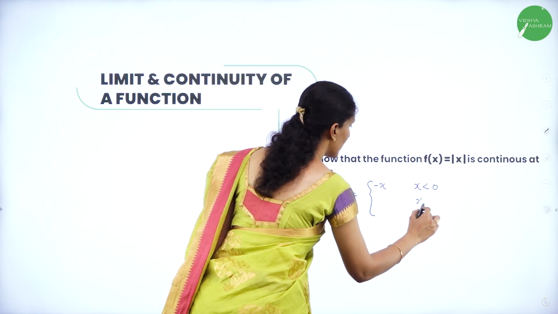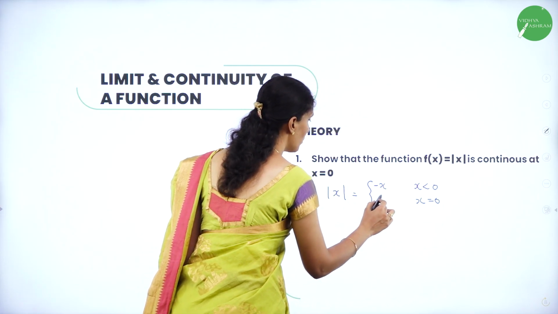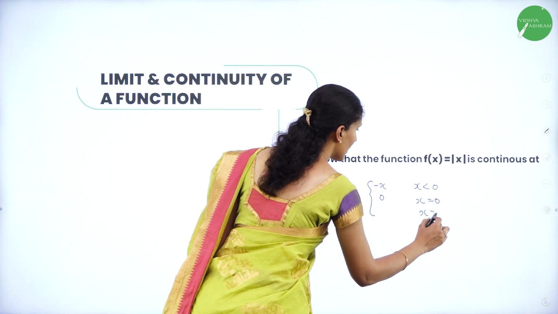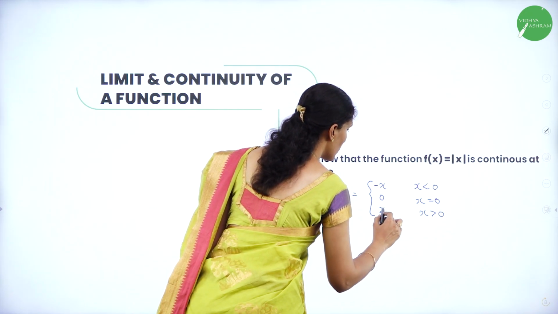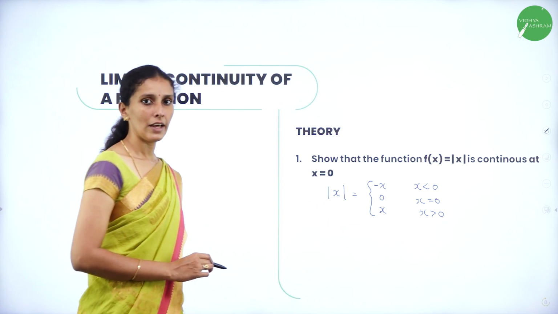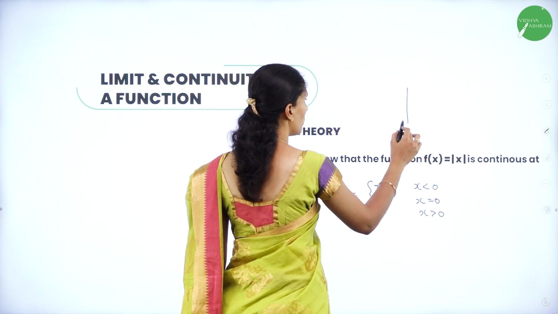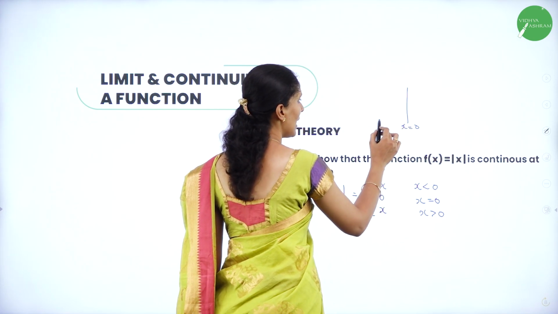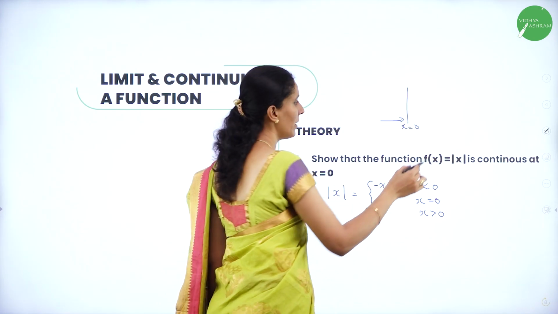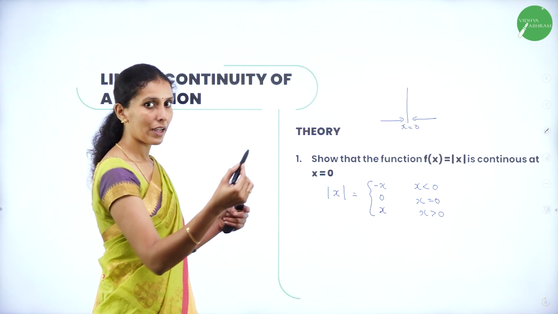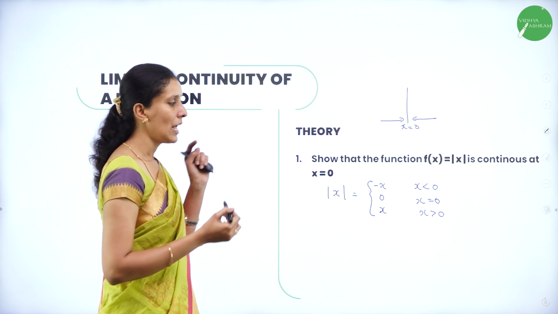For x equal to 0, the value is 0. And for all x greater than 0, the value is x, which is positive. So this is the definition of the function. At x equal to 0, x less than 0 gives the left hand limit and x greater than 0 gives the right hand limit. We can approach from the right side as well as the left side.